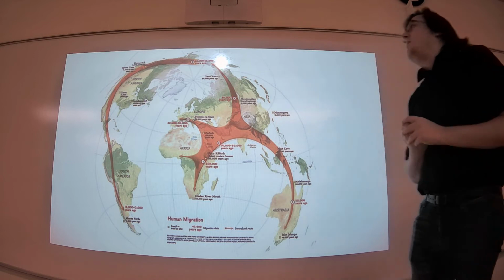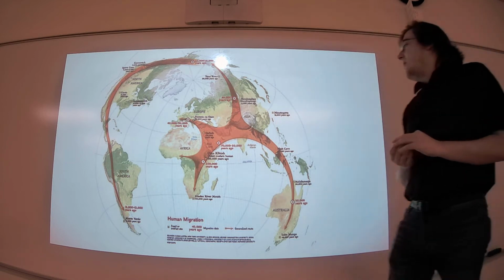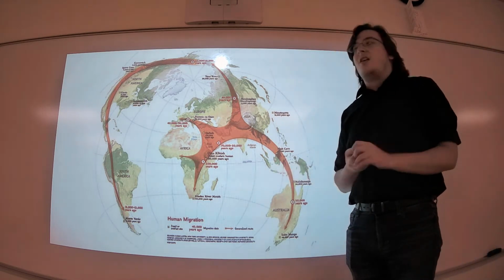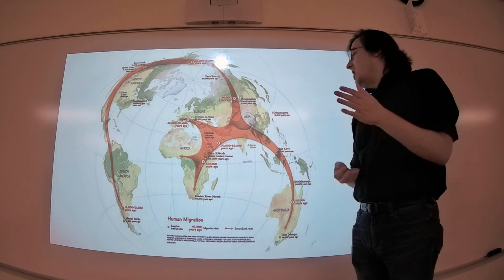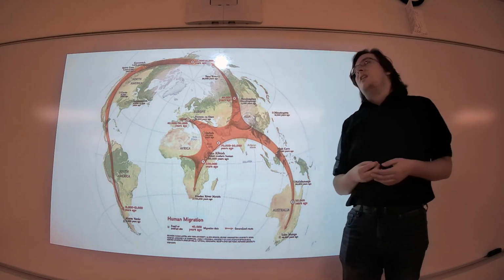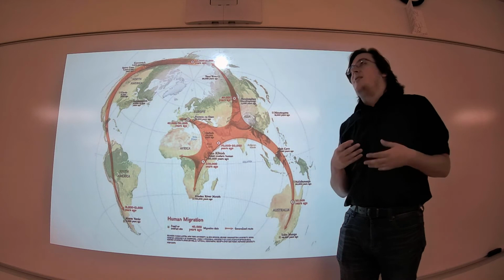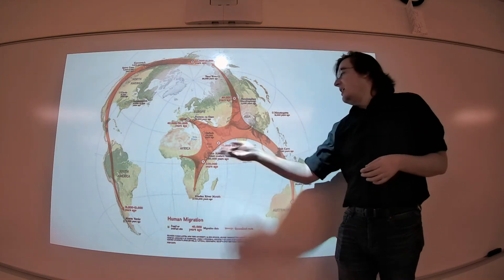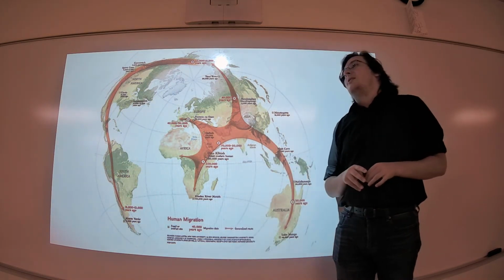So, the oldest records that we have of humanity, based on the fossil record, go back to roughly 300,000 years ago. These fossils were found in East Africa.